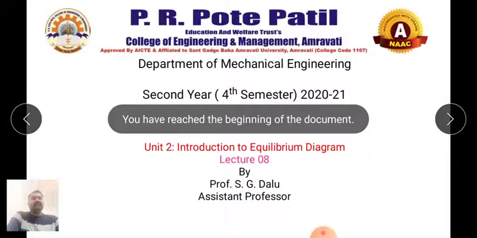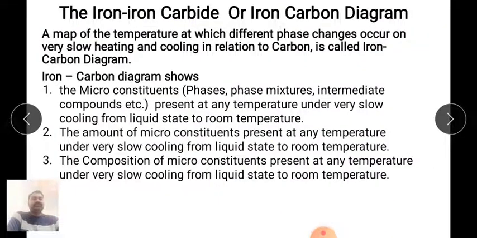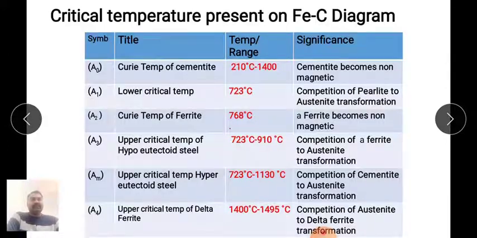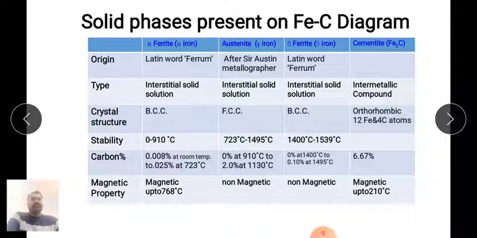From the first, we went through the iron carbon equilibrium diagram. Many times we have studied that diagram. Then the different critical temperatures, we have just gone through. Then the solid phases present in the Fe-carbon equilibrium diagram.